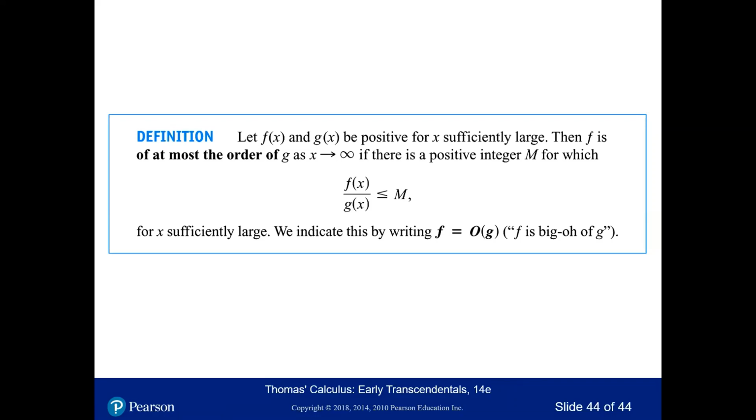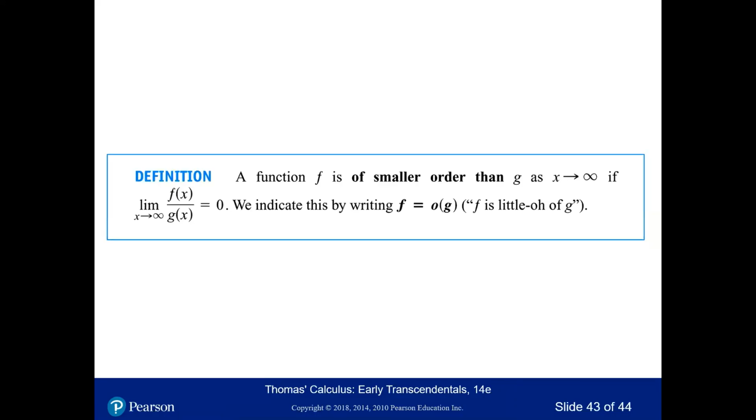All right, so let me recap and go back to the first definition. The first definition gives us a notation to tell which function is growing faster or slower. In this case, f is growing slower than g, and g is growing faster than f.